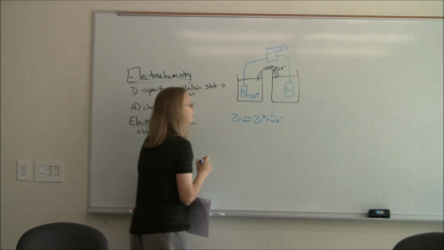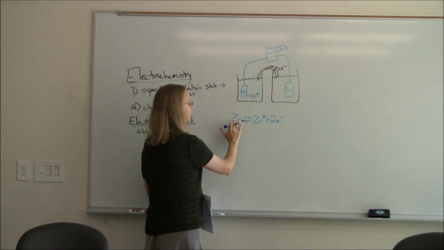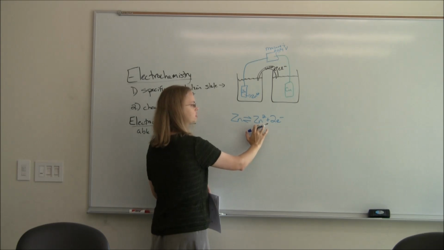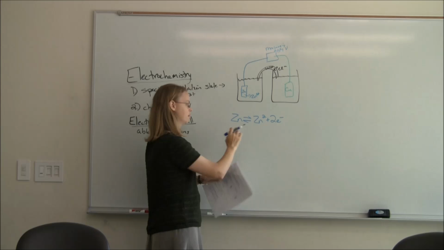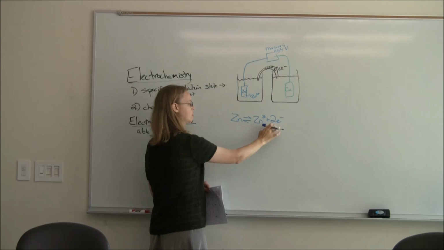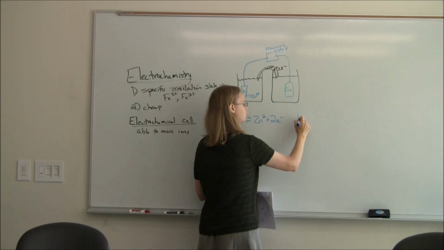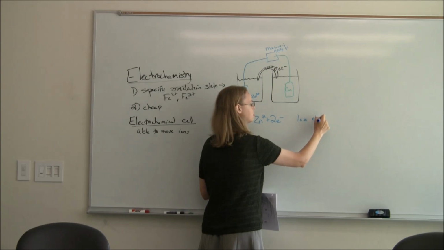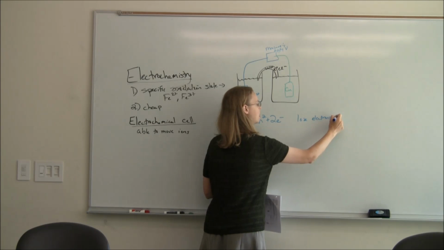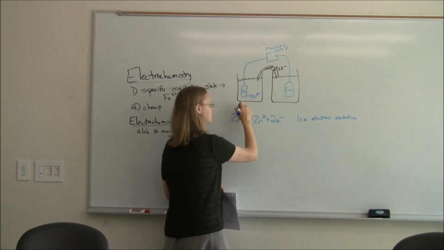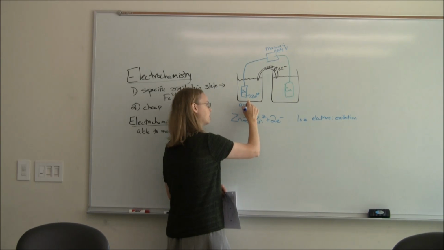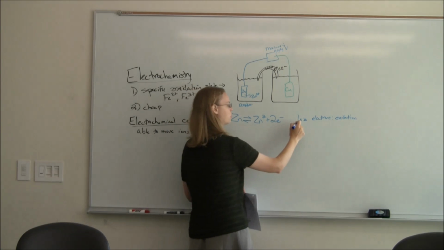That balances it out. So this is right, the zinc is losing 2 electrons. So if you lose electrons, that's an oxidation. And so in this case, the zinc electrode then is the anode. So that's where the oxidation takes place.